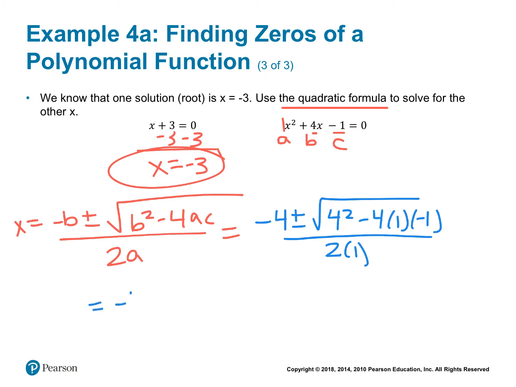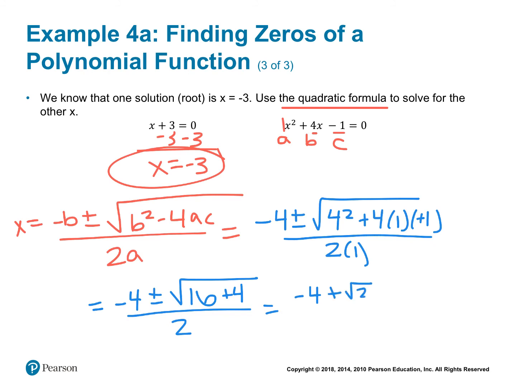So now I'm at negative 4 plus or minus the square root of 16. I have a double negative here, so that's just plus 4, all over 2. So I'd have negative 4 plus the square root of 20 over 2, or negative 4 minus the square root of 20 over 2.